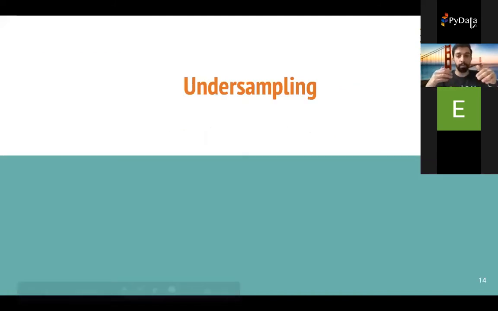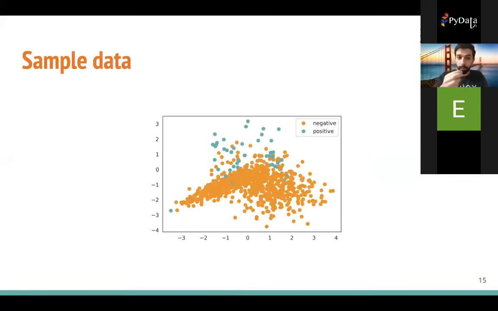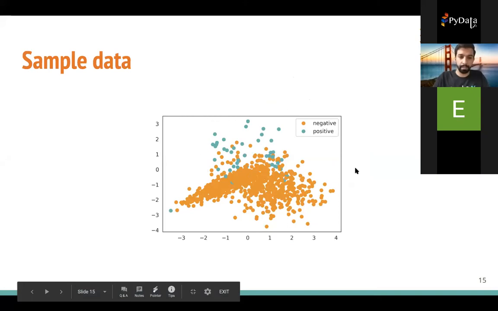Now we move to undersampling, the first class of methods for changing the distribution of the data set to try and balance it and to help the model learn better. For undersampling, oversampling, and all of the resampling methods, I'm going to use this sample of data.